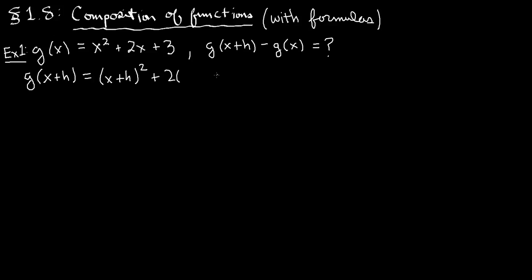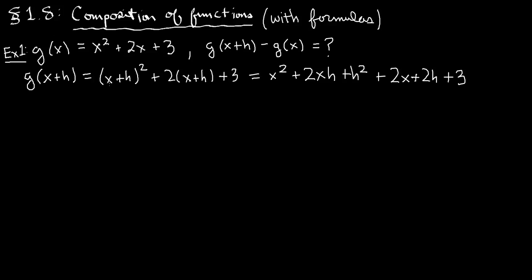Here, instead of 2x, we're going to have 2 times x plus h. And then finally, plus 3. So just writing that all out gives us x squared plus 2xh plus h squared. Now distributing the 2, we get 2x plus 2h, and then plus 3.